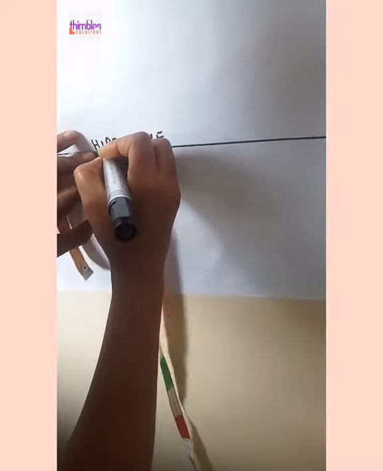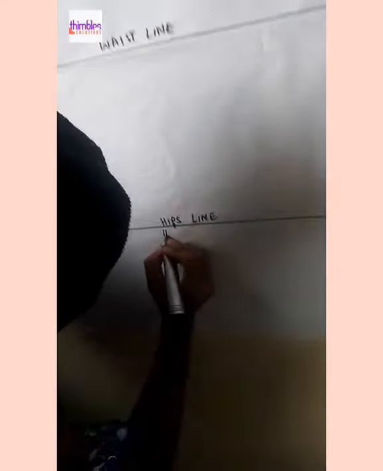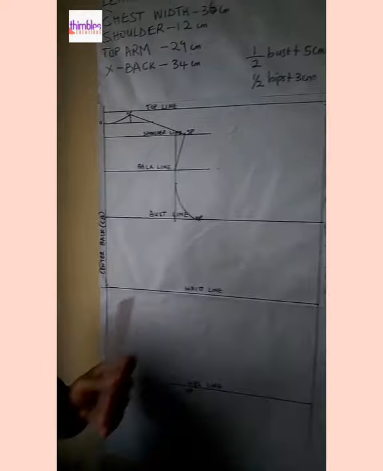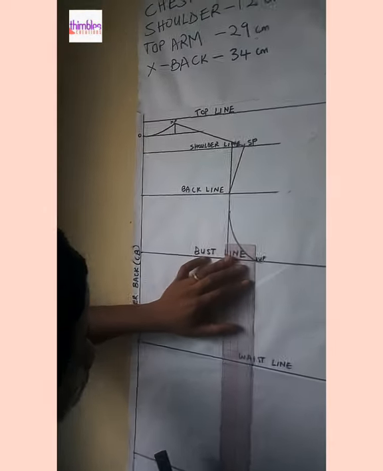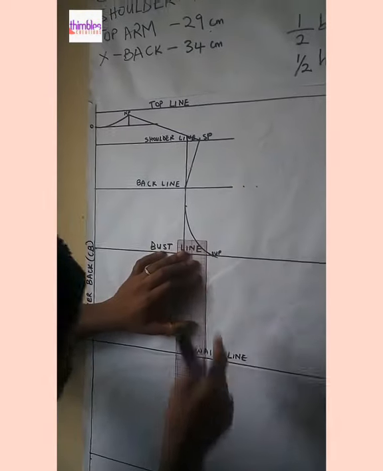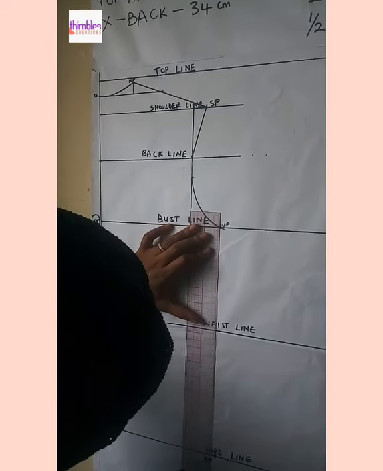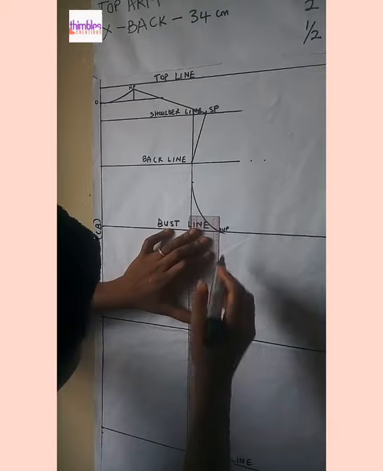So I mark it, and I label it HP. This is my hip point, HP. And with my ruler, I connect from this underarm point to my HP.